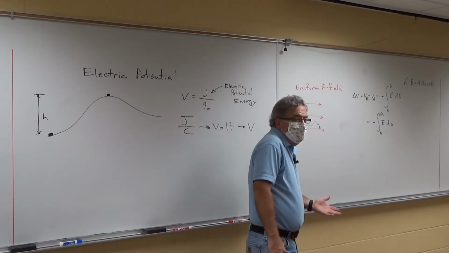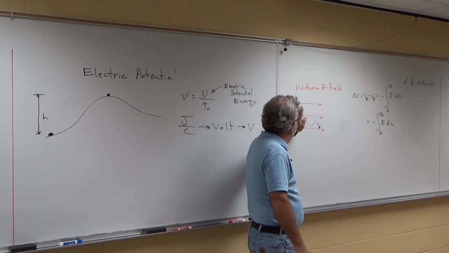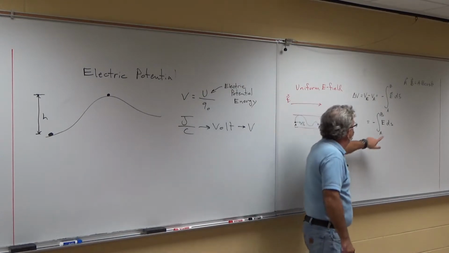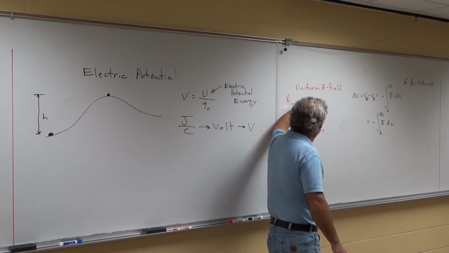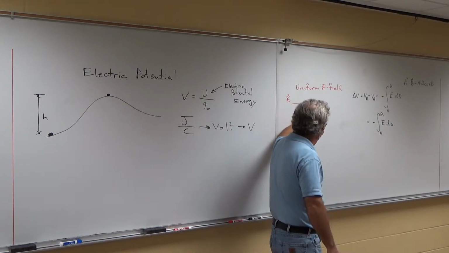Why would that work? Because when you're here, you're not getting any contribution due to this dot product. Then you're getting a big contribution, then you're taking away some, you're adding some.